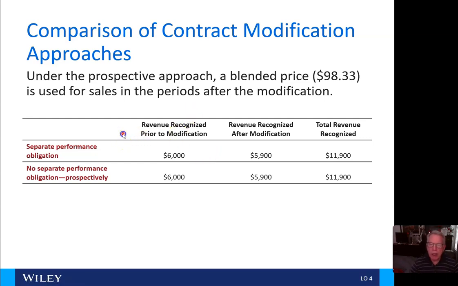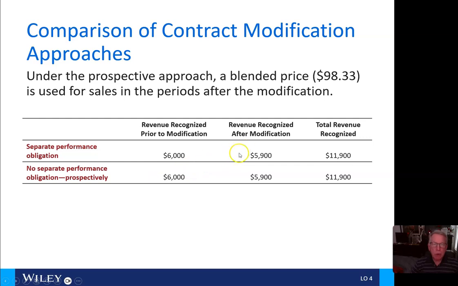So, if revenue is recognized prior to modification, then we're going to have a separate performance obligation for $6,000 and no performance obligation prospectively.